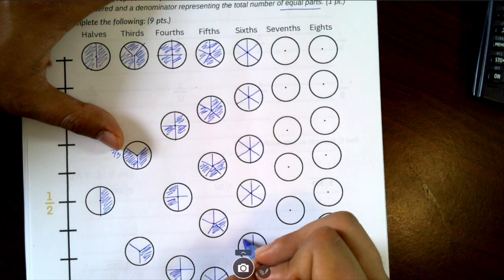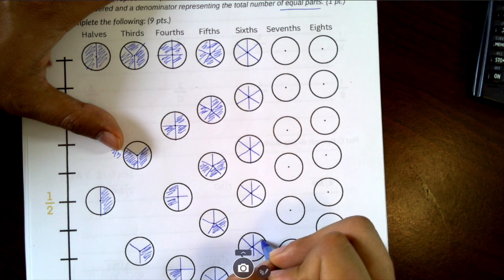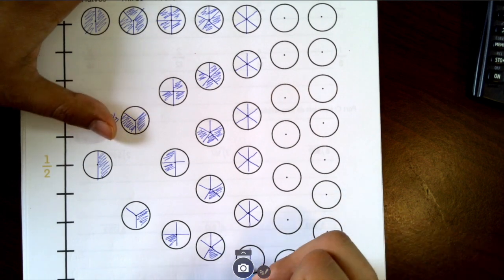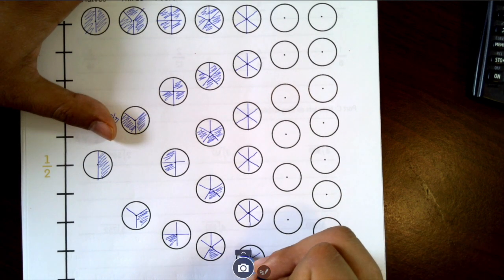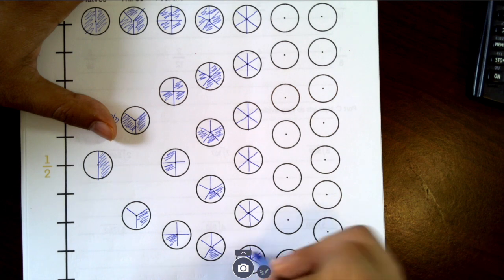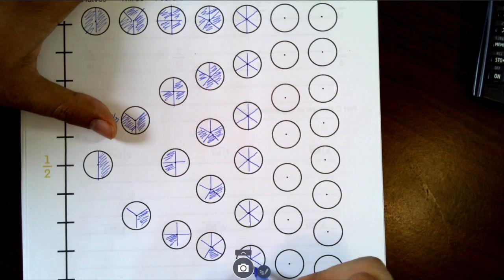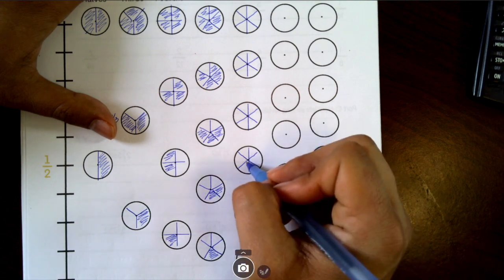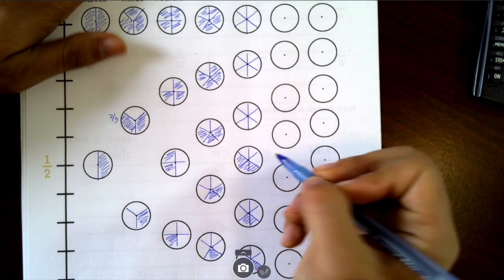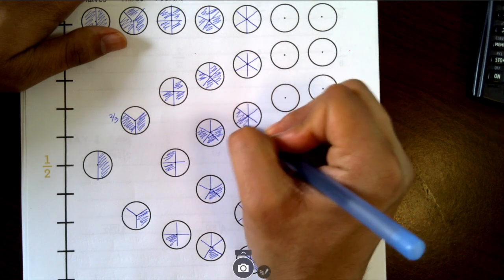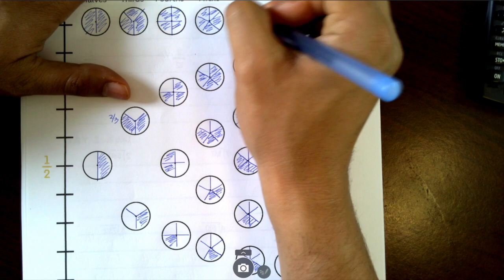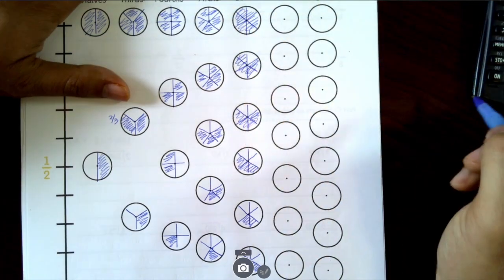That's the fun part of this assignment. Ooh, that one was not that good. But again, it's just practice. We're just practicing. And I'm going to shade 1. I'm going to shade 2. I'm going to shade 3, 4, 5, and all of them. Okay?